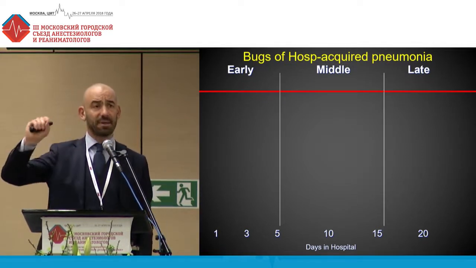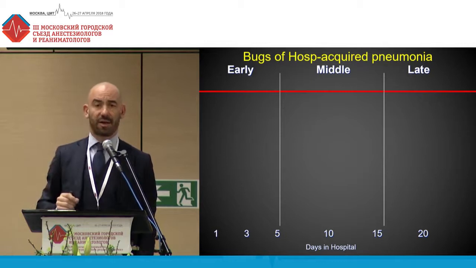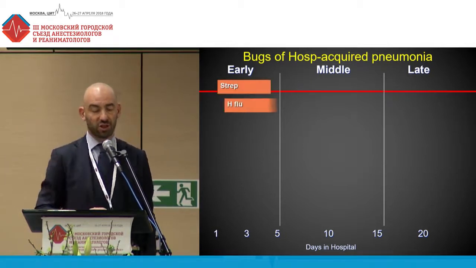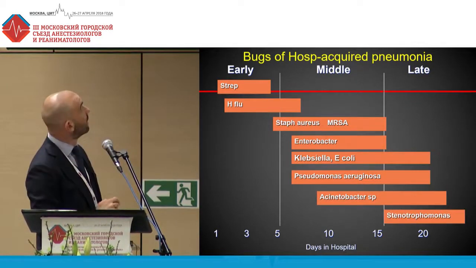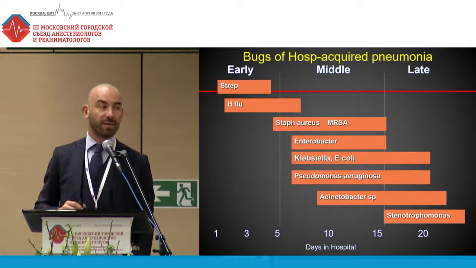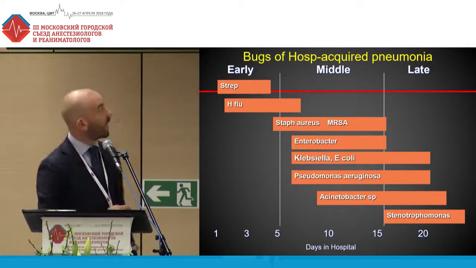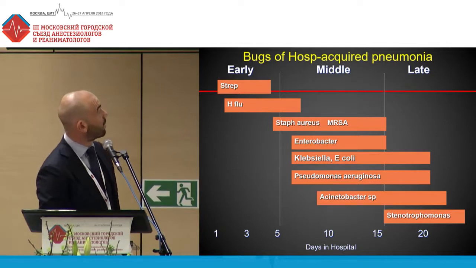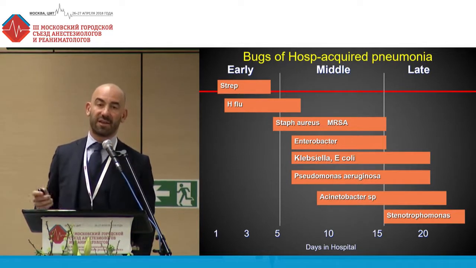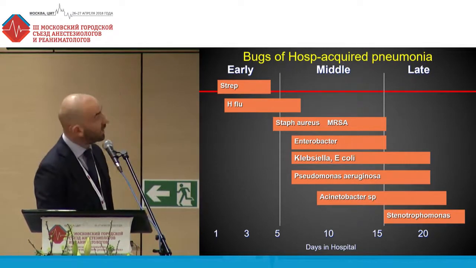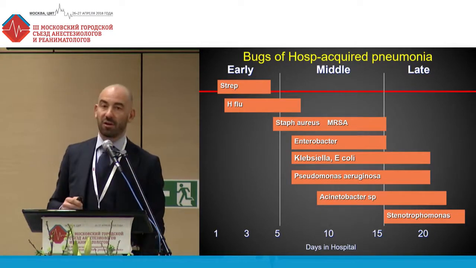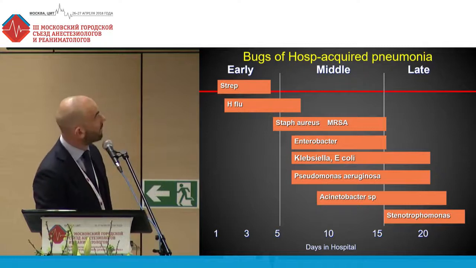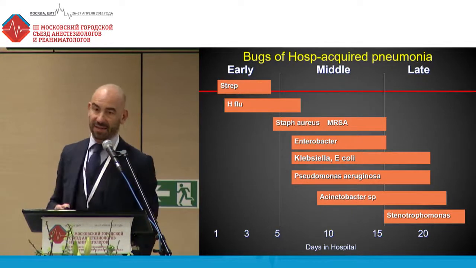What do we know about the bugs? What are the typical bugs in hospital-acquired pneumonia and also in ventilator-associated pneumonia? In general, when we have early infections, we have typical pathogens that come from the community: Streptococcus pneumoniae and H. influenzae. These are the typical pathogens in the first 3-5 days of hospitalization. Then we have the middle pathogens, represented by Staphylococcus aureus, mainly MRSA, and by the gram-negatives.